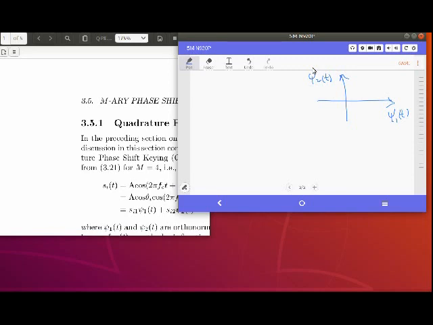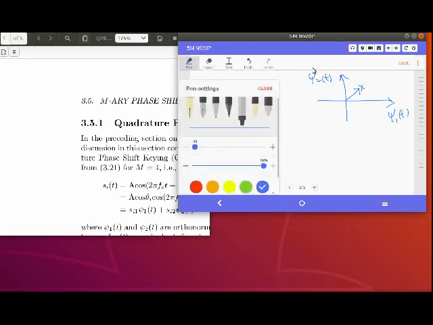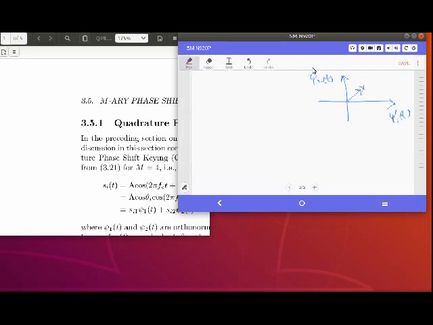So any point over here represents a signal point, and a position vector represents actually a signal, and the images of this vector on the x-axis and y-axis are the images of the signal on the psi1 axis and psi2 axis, right?